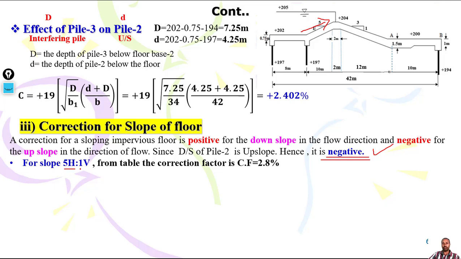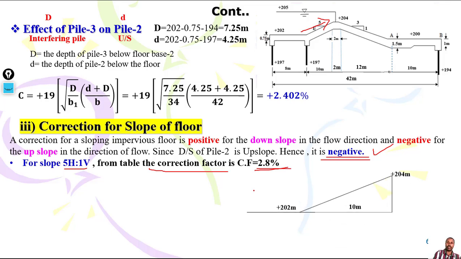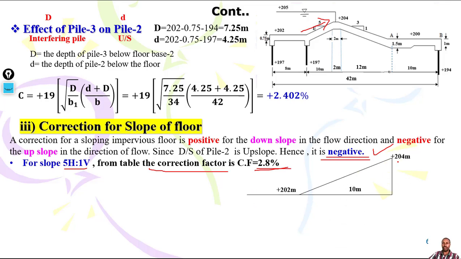So for slope 5, or 1 vertical to 5 horizontal, from the table of correction factor you have 2.8%. Then you have elevation 204 at this point, and 202 the floor of this one. So you have horizontal distance 10 meters.